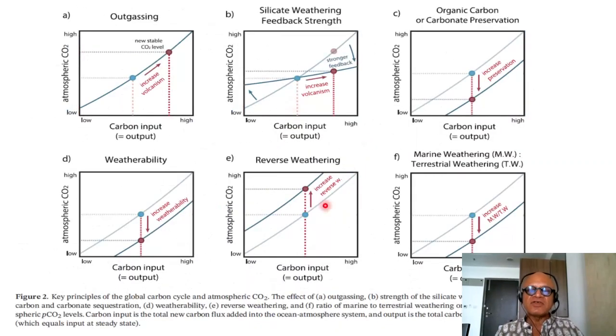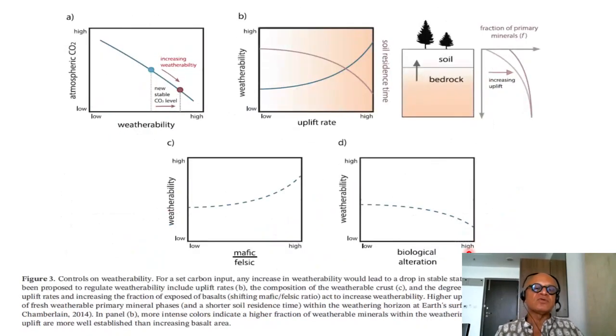Reverse weathering is where silica is being metamorphosed back into silicate rock and releasing CO2, so that would go in this direction. And marine weathering versus terrestrial weathering would also affect atmospheric CO2 and carbon in a similar sense as organic carbon and carbonate preservation. So it would pull down, for the same atmospheric CO2 level, you would reduce carbon input, which is equal to output in equilibrium. Okay, intuitive things, but let's go through them anyway.